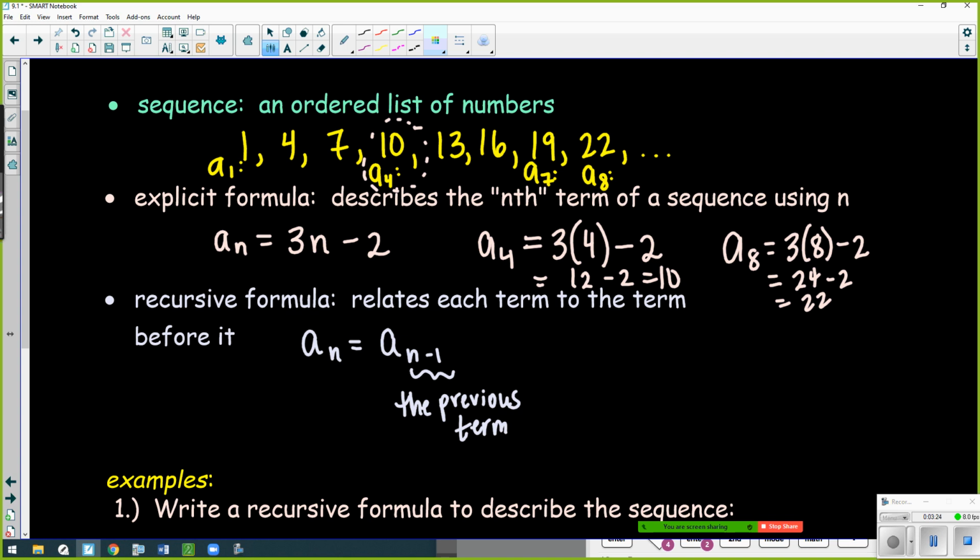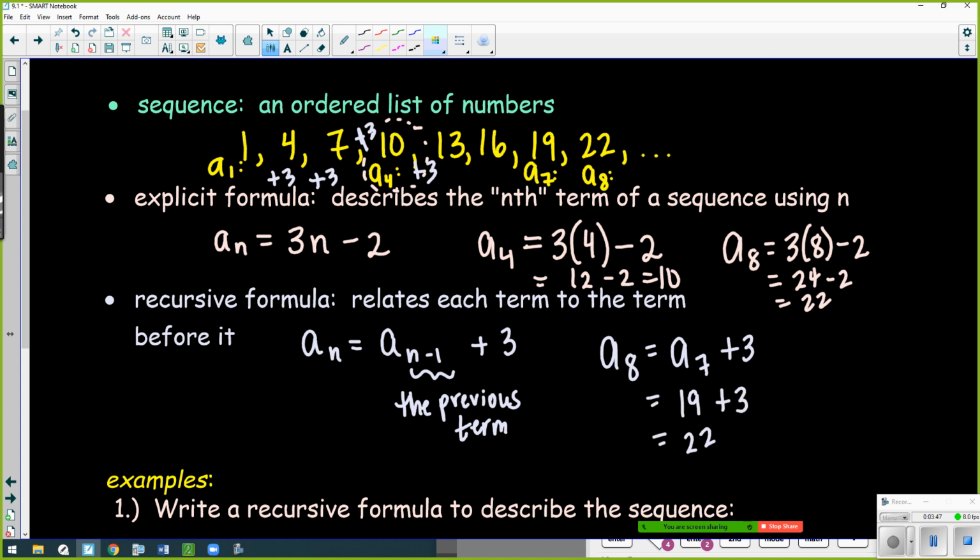And then how do I get to the next term in each of these? In the sequence, each of these is plus 3, plus 3, plus 3. So I would take the term before it, and I'd add 3. For example, a sub 8 is equal to a sub 7 plus 3. Is that true? Yep, a sub 7 is 19, and 19 plus 3 is indeed 22. So that's how we use a recursive formula.